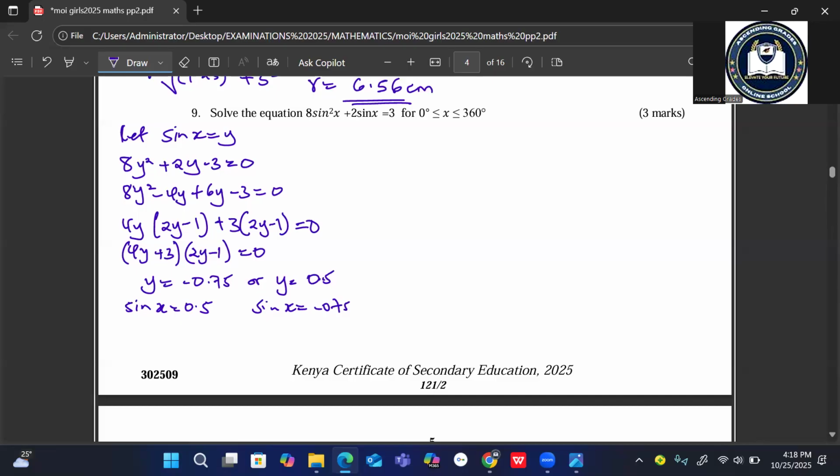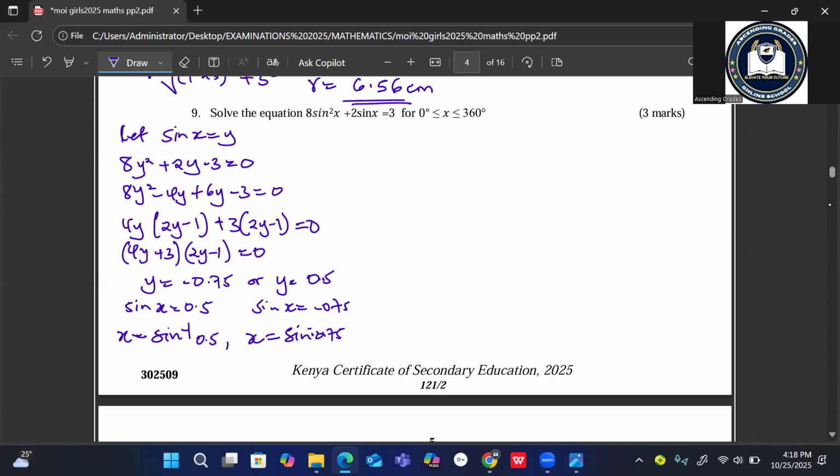So the first value of x is equal to the sin inverse of 0.5, and we also have x equal to sin inverse of negative 0.75.